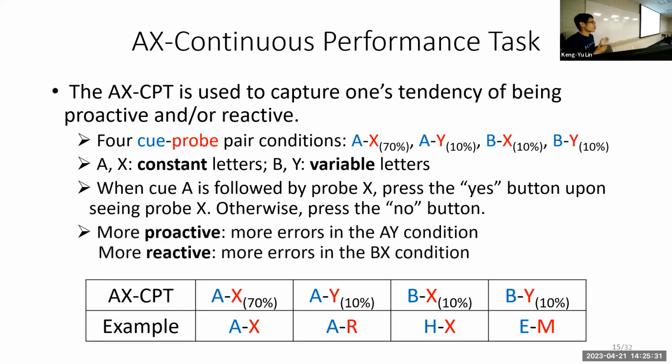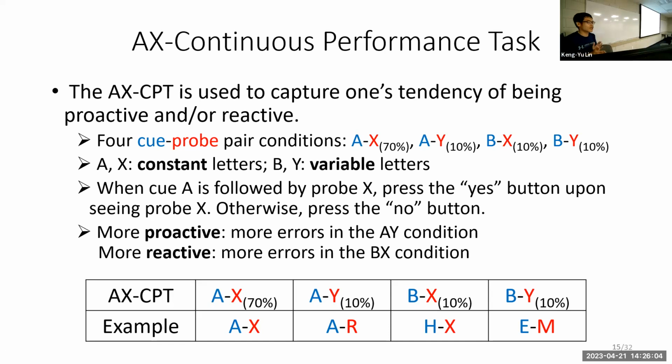So if participants are more proactive, when they see Q A they are more likely to expect probe X. They are going to make more errors in the AY condition, because in the AY condition, when they see Q A, they are expecting the probe to be X. But now the probe is not X, it's not as expected, so they will be more likely to make mistakes.